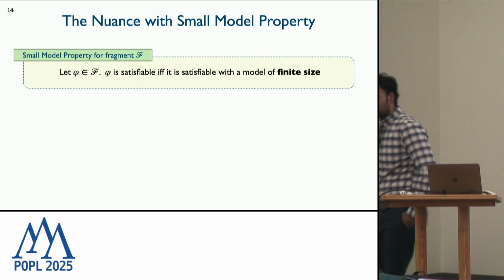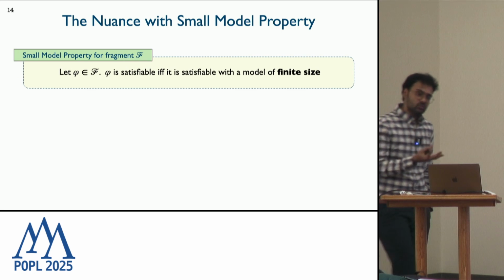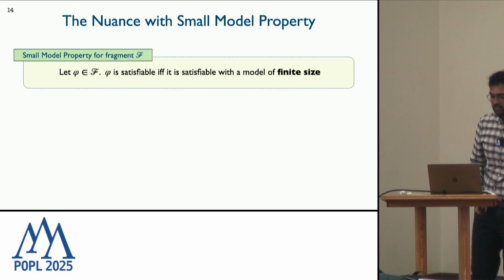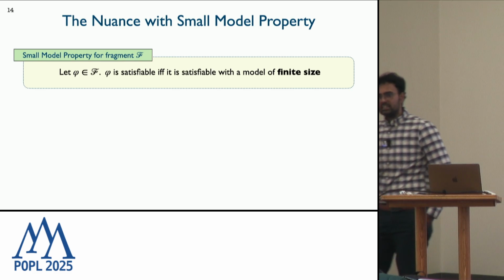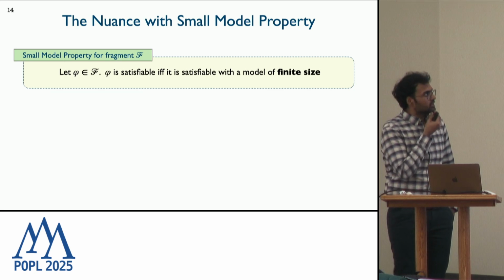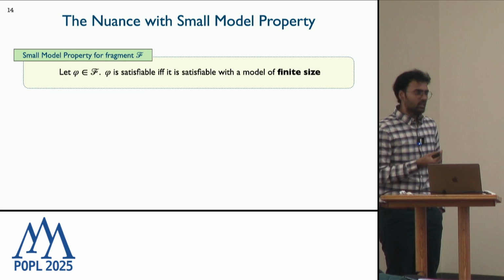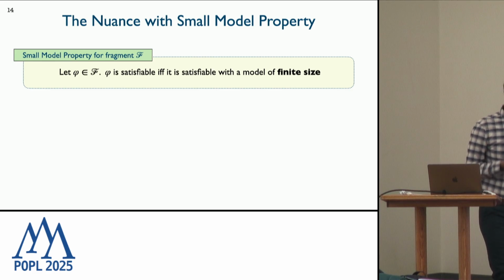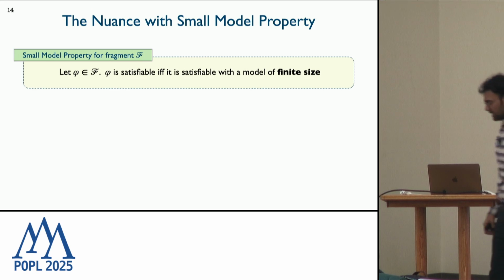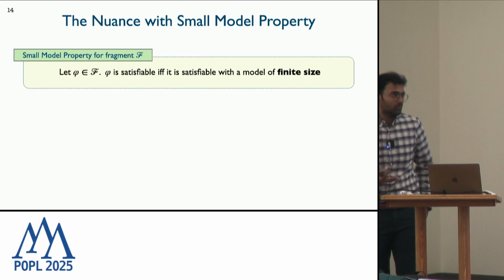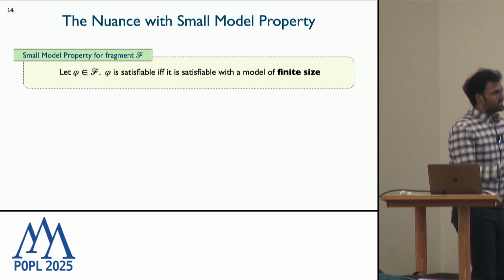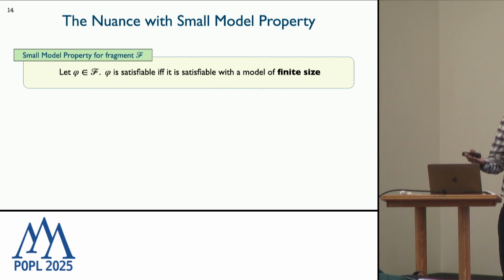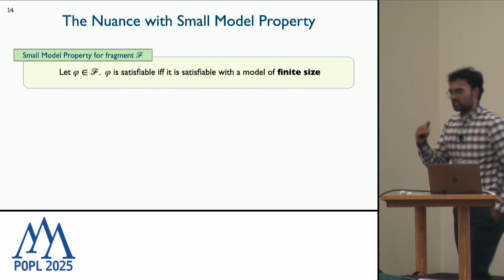So coming back to small model property, which was the heart and soul of EPR decidability, the decidability really comes because of this small model property, which says that if you're talking about a fragment F, and I give you a formula in that fragment, then checking whether that formula is satisfiable boils down to basically analyzing a bunch of models whose size is upper bounded by some constant.